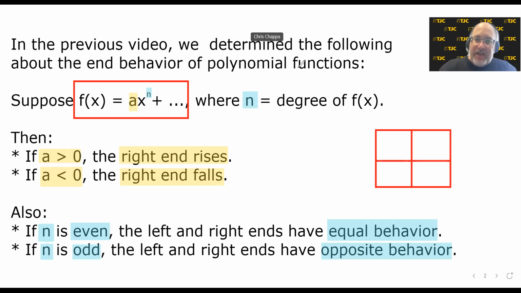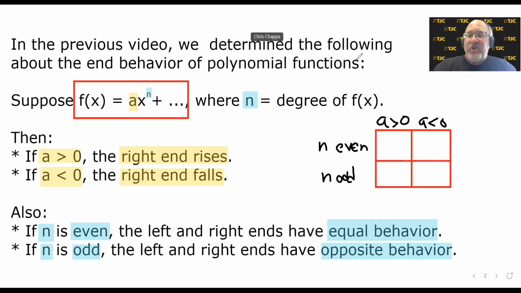For example, we could say a is greater than 0 here, and a is less than 0 here. And on the left, we could say n is even, and we could say n is odd. Now, with these combinations, we could actually figure out the end behavior.